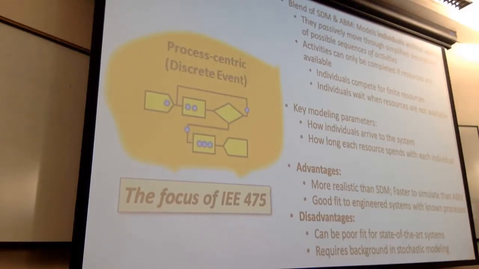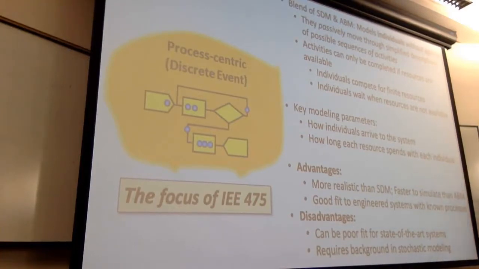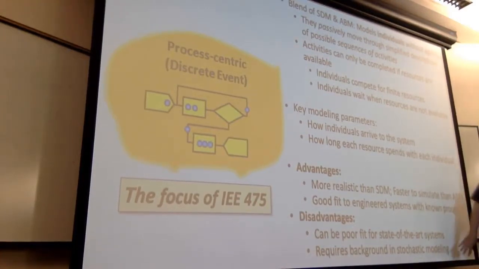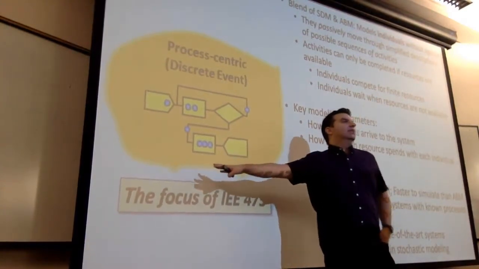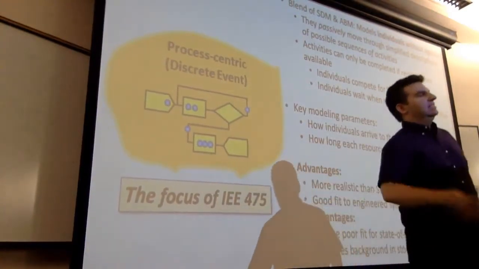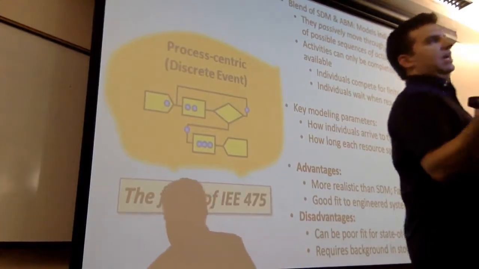And so an agent-based model might be a better tool to understand all the things that could happen. But in a standard manufacturing system, these work pretty well. And the other downside here is we'll see that this is going to require a little bit more mathematics, a little bit more statistics than somebody programming your average agent-based model.